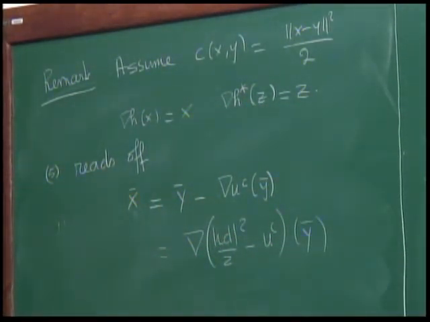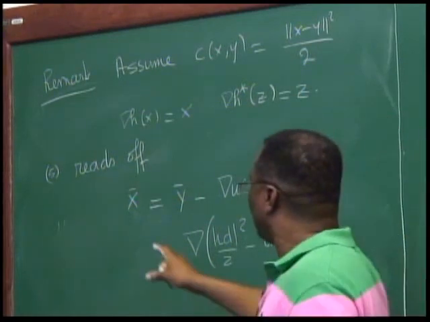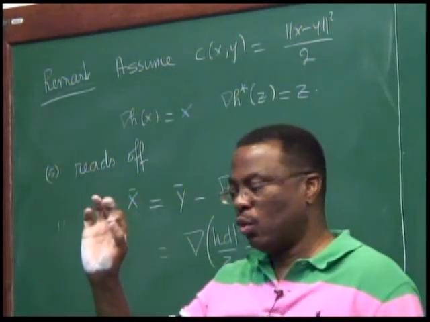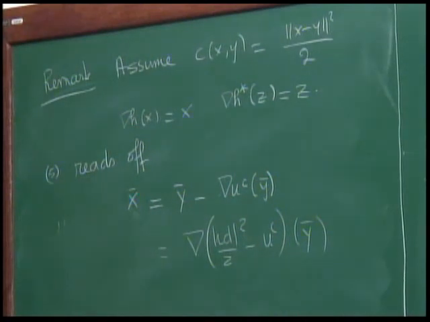So it tells me that the map which to y bar associates s bar is the gradient of a function. So the optimal map will be the gradient of a function.